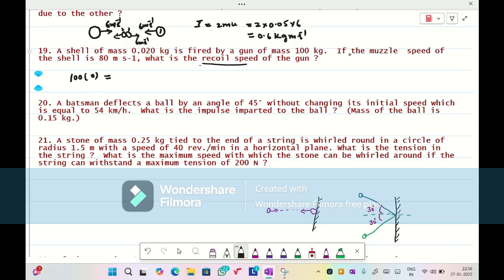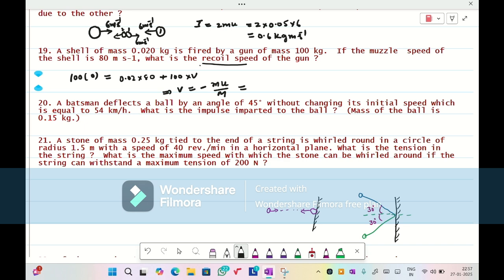So now the muzzle speed is 80 meters per second, and the recoil velocity of the gun is being asked. If the shell is moving with this speed, then 0.02 into 80 plus 100 into V equals 0. Therefore, recoiling velocity V is equal to minus m into u by capital M according to the formula.